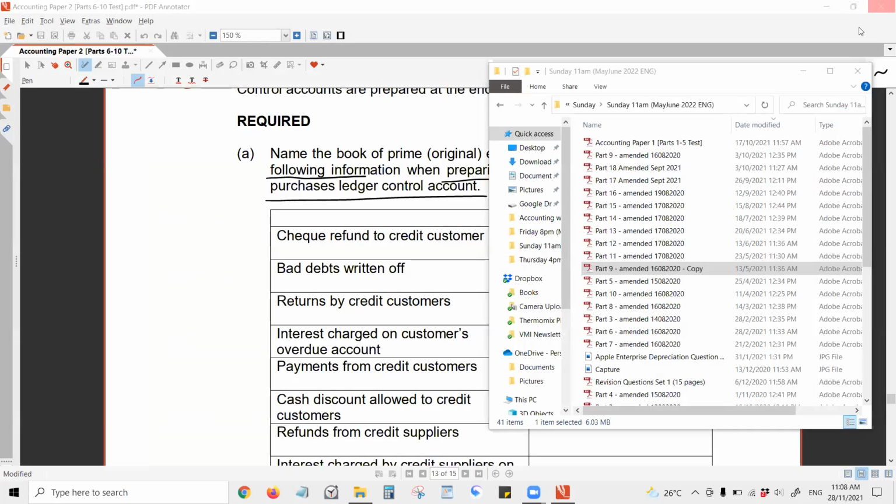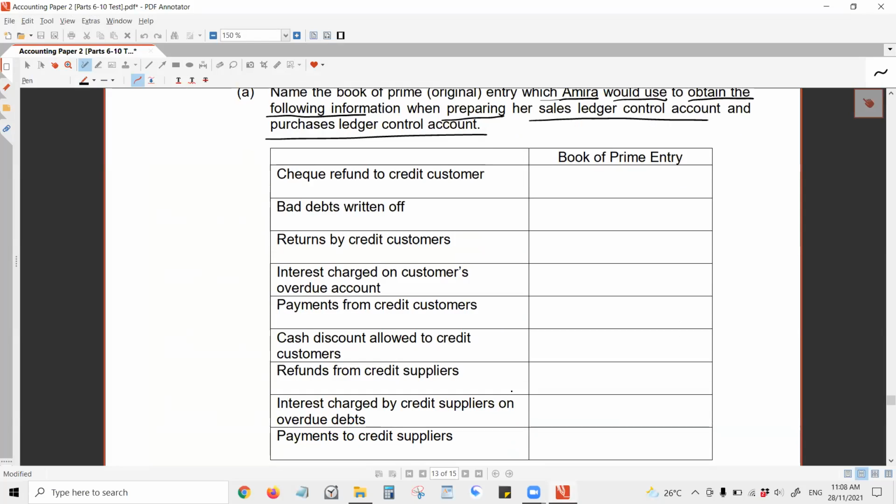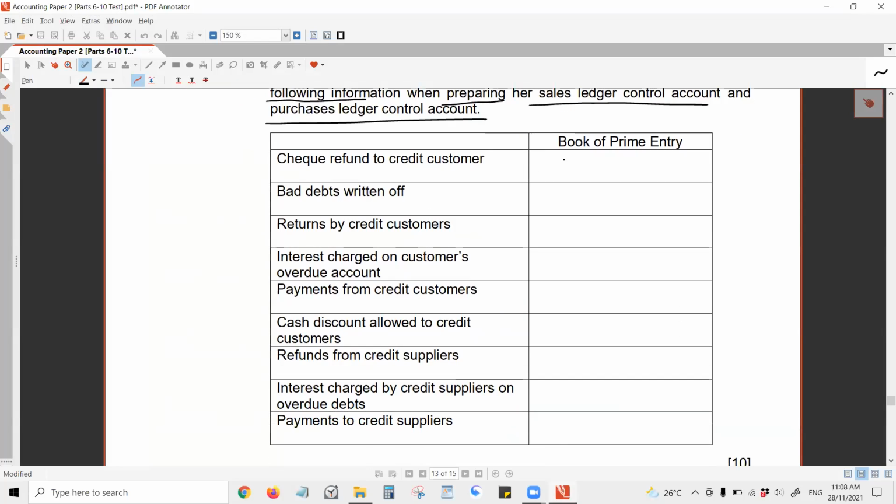So first one, cheque refund to the credit customer. You could get the figure from the cash book. This one, general journal. Returns by credit customer. This is sales returns. It comes from sales return journal. Interest charge on customers' overdue account.